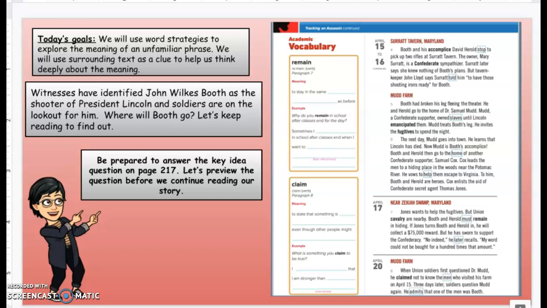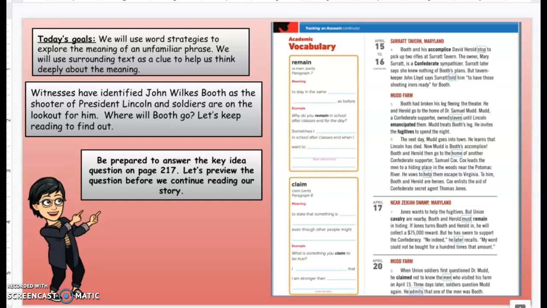Now, if you look at today's goals, we are going to use word strategies to explore the meaning of an unfamiliar phrase. We will use surrounding text as a clue to help us think deeply about the meaning of that unfamiliar phrase. All right, so before we continue reading, I do want you to look at the key idea question, because you're going to be answering that once we finish our reading.